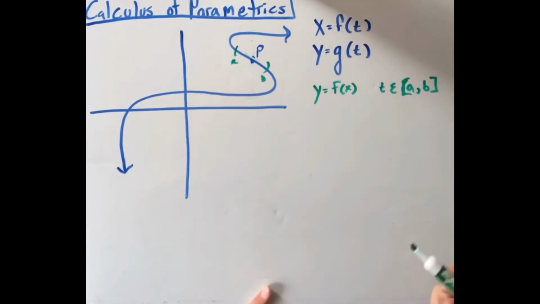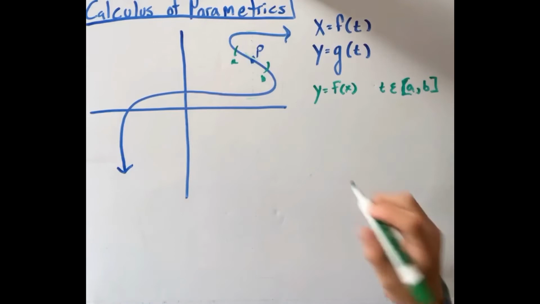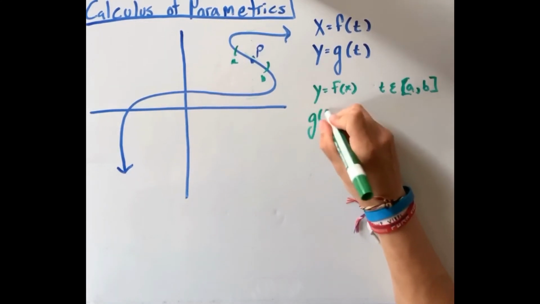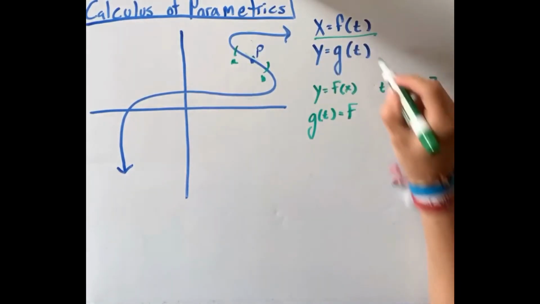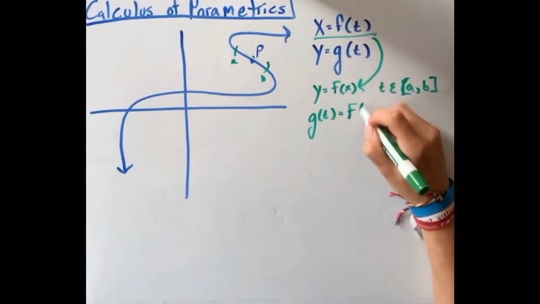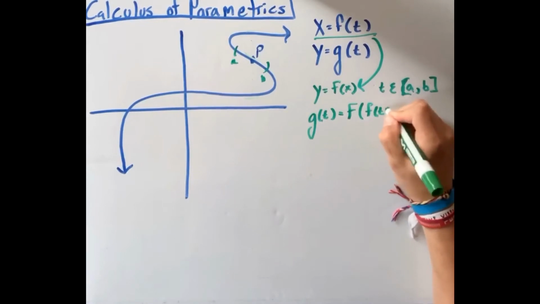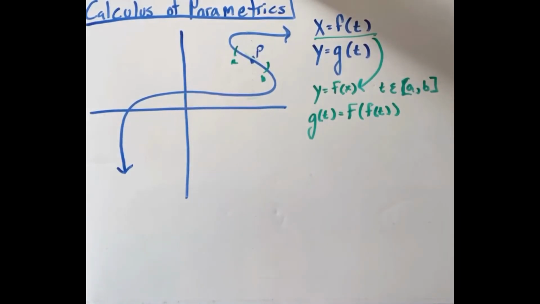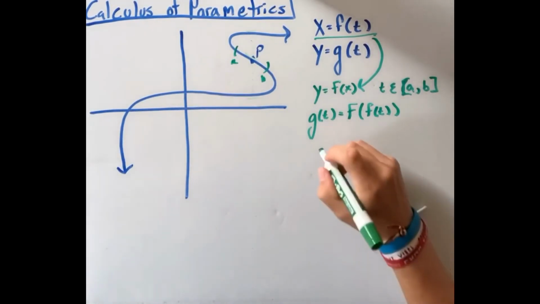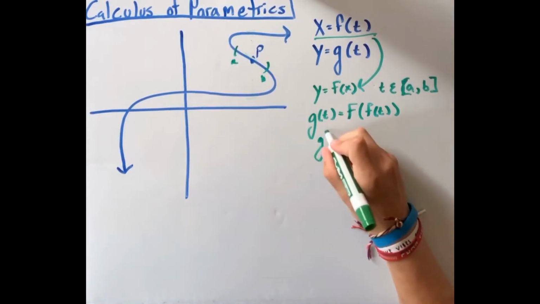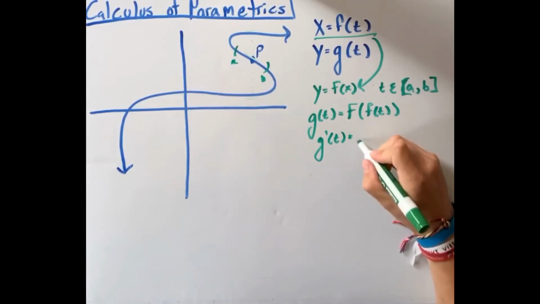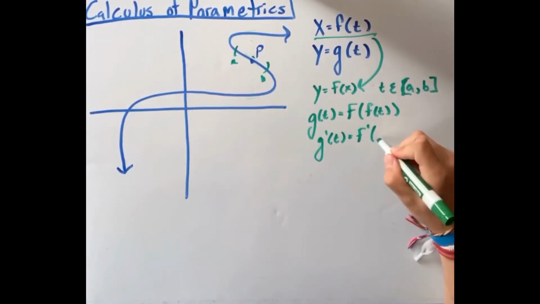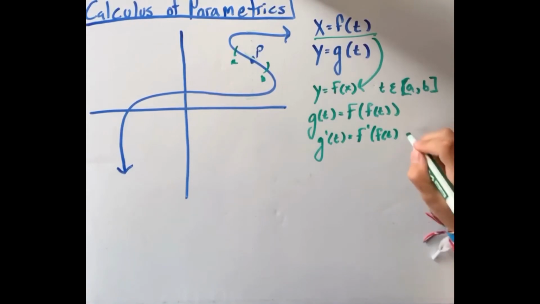So then if we rewrite this with our parametric equations, it would be g of t equals big F, and then you input the x into this. So it'd be little f of t. Then in order to find the slope, we would implicitly differentiate, so g prime of t is equal to big F prime of f of t times little f prime of t.